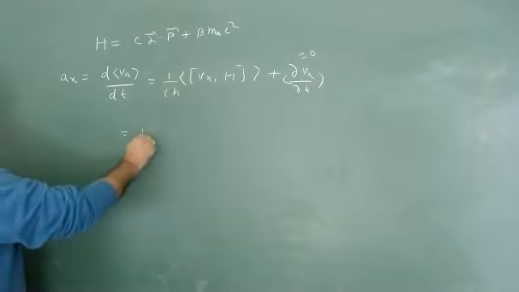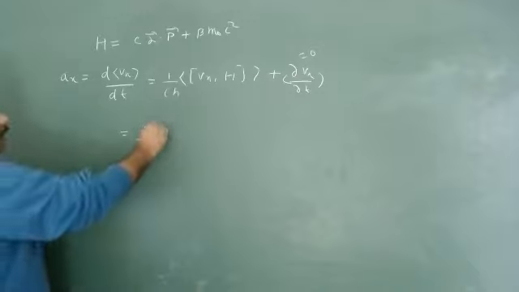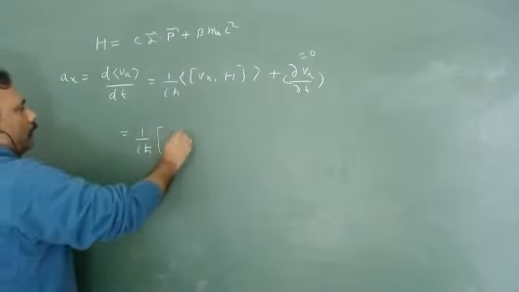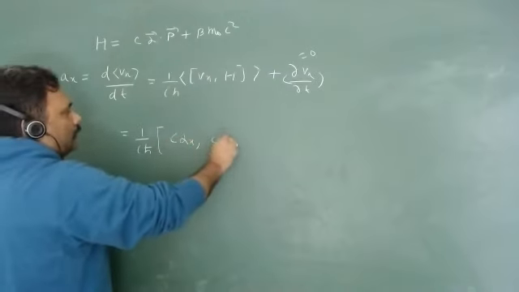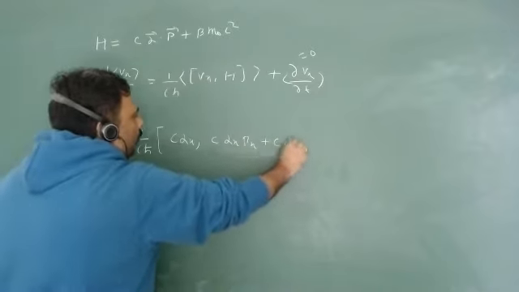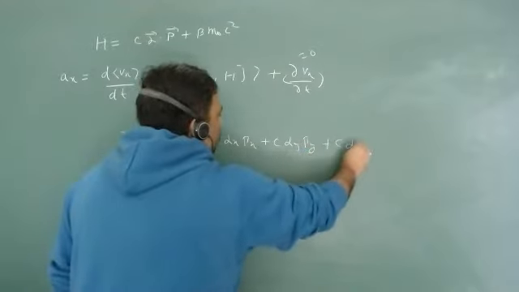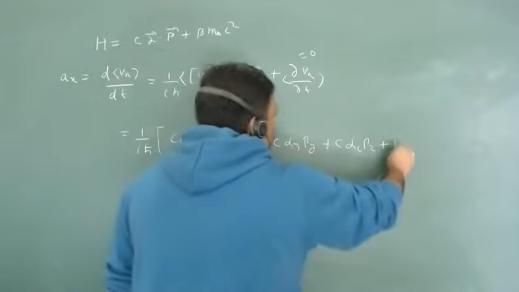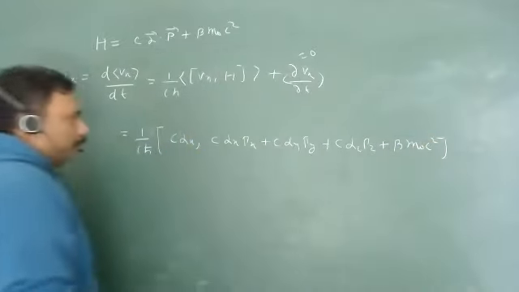I can put 1 upon iħ, and this Vx part is c alpha x, and we have c alpha x px plus c alpha y py plus c alpha z pz plus beta m naught c square, isn't it?